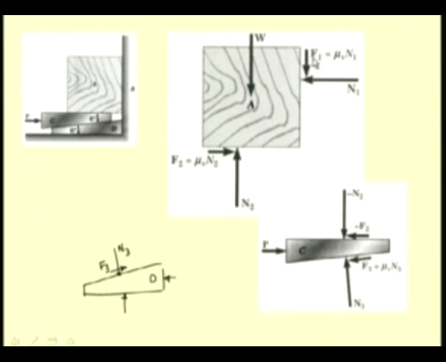So, we have this force F1, and for the impending case this can be related to the normal reaction by the coefficient of static friction mu s. So, once we construct these free body diagrams, it is possible to solve for the same.